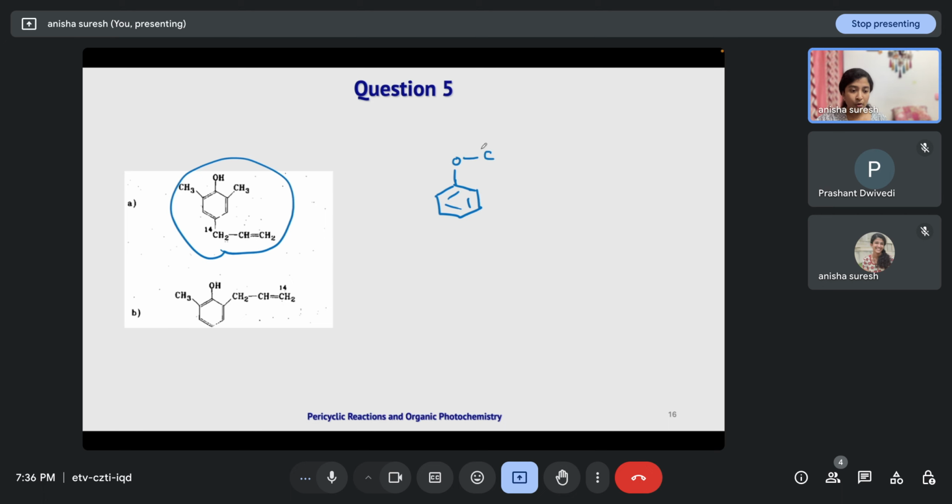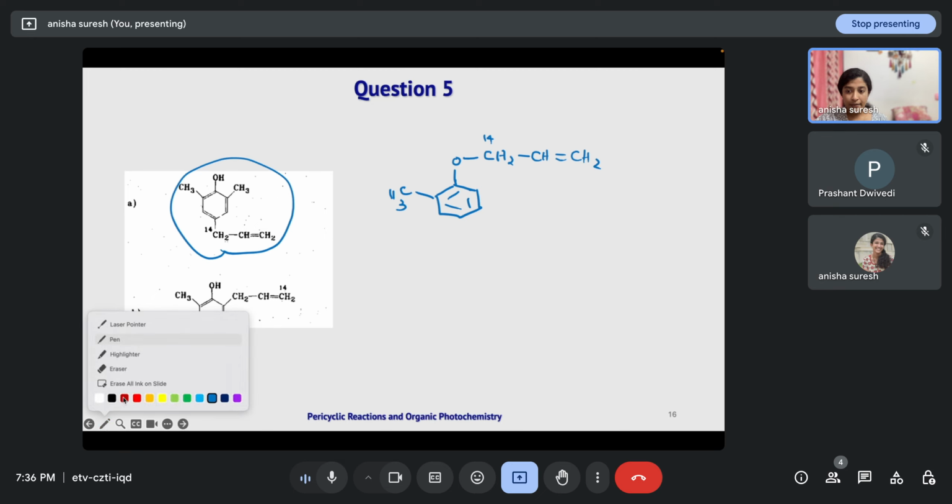O, CH2, this is labeled, CH double bond CH2, and this is CH3. And we can do the numbering like 3, 2, 1, 1. 2, 3.